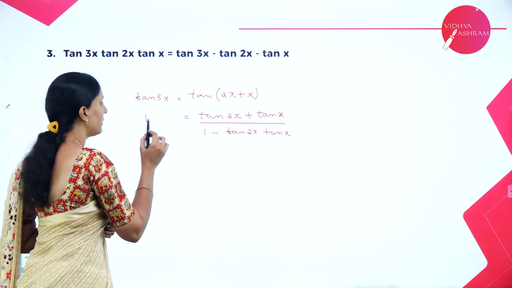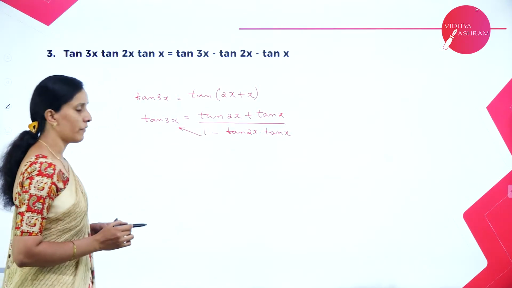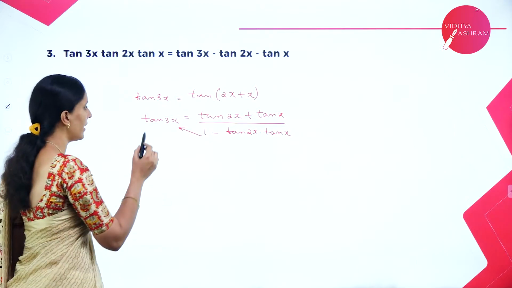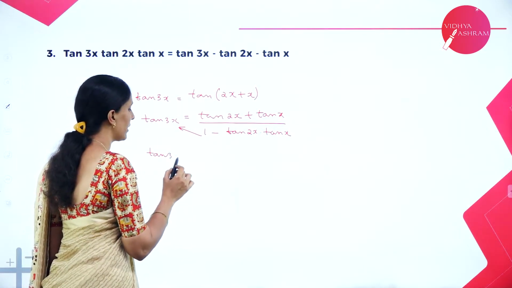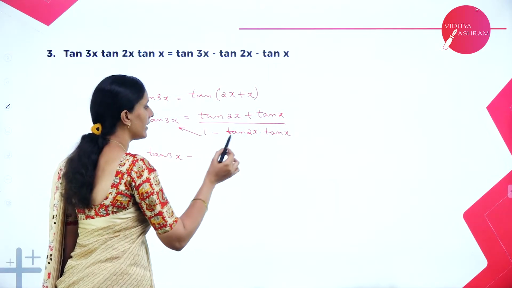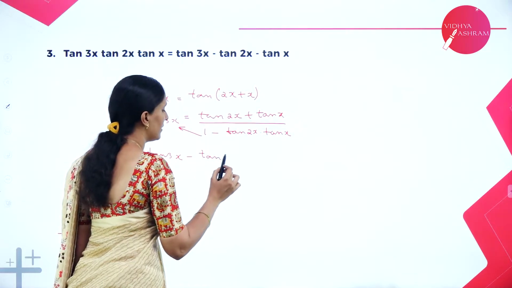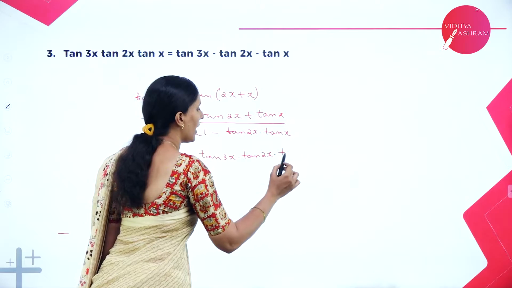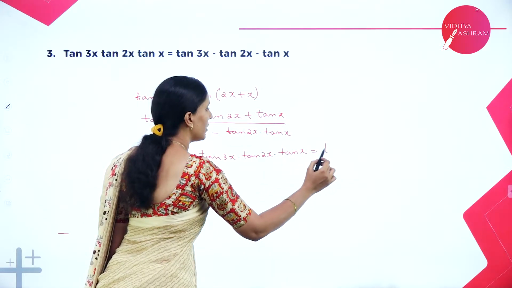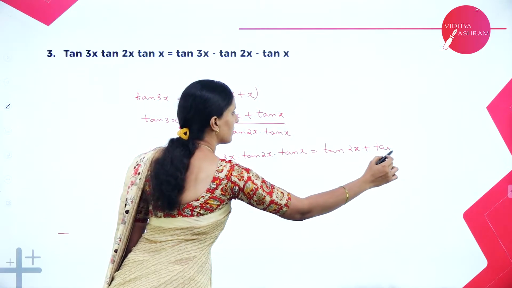Now here I have tan 3x. Shift this denominator value towards your left hand side. Then it is tan 3x into 1, tan 3x, minus tan 3x into tan 2x into tan x. And on your right hand side you have tan 2x plus tan x.